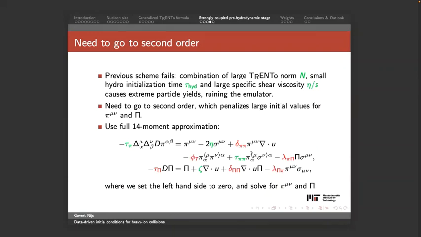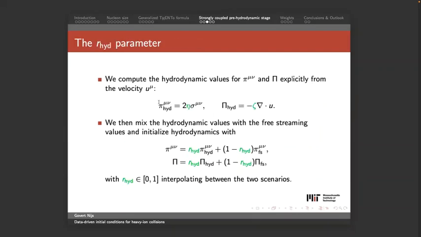Also, your Trento norm is very high, so the overall normalization of all of these Gaussians is very large. Under those assumptions, you initialize your shear stress so far from equilibrium that you produce a lot of entropy through viscous effects, and you get a final state with like 50,000 particles.